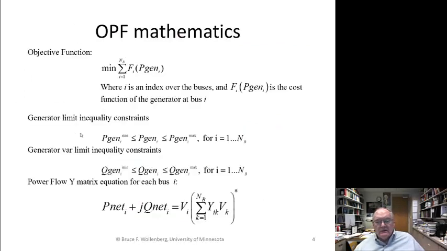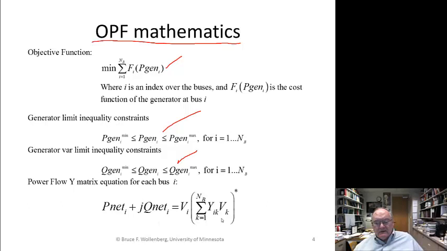So we can see here on the next page, here's the OPF problem stated mathematically. There's the objective function. Once again, minimize the sum over all the generators of the operating cost. There are the generator limits, the inequality constraints for generators, and here are the inequality constraints on generator reactive power.